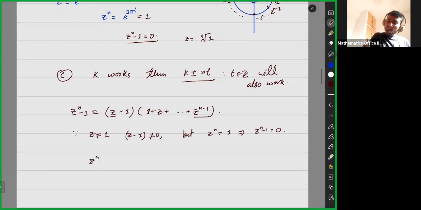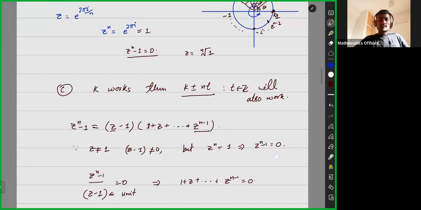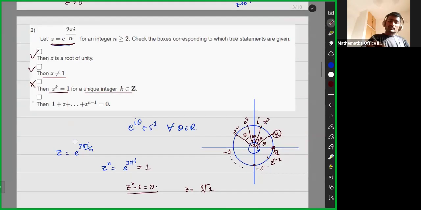So z to the power n minus 1 divided by z minus 1, here it is a unit, meaning non-zero inside C, is equal to 0. This implies 1 plus z plus and so on up to z to the power n minus 1 is 0. Right. So the last part is correct.